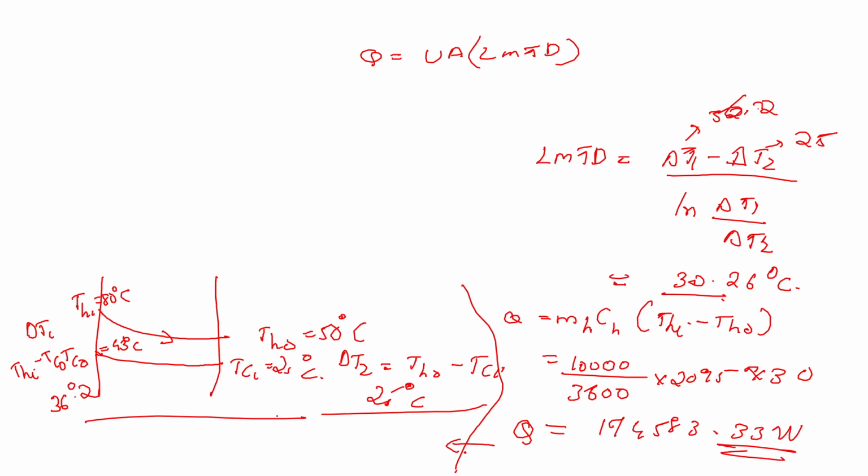From this, you have to find the value of area. So area, you can write it as Q divided by U times LMTD. Substitute the value. Q will be the value given here, and U value will be 300, and LMTD you already calculated, that is 30.26. So find the value of area. How much will be the area in meters square? Please calculate it.